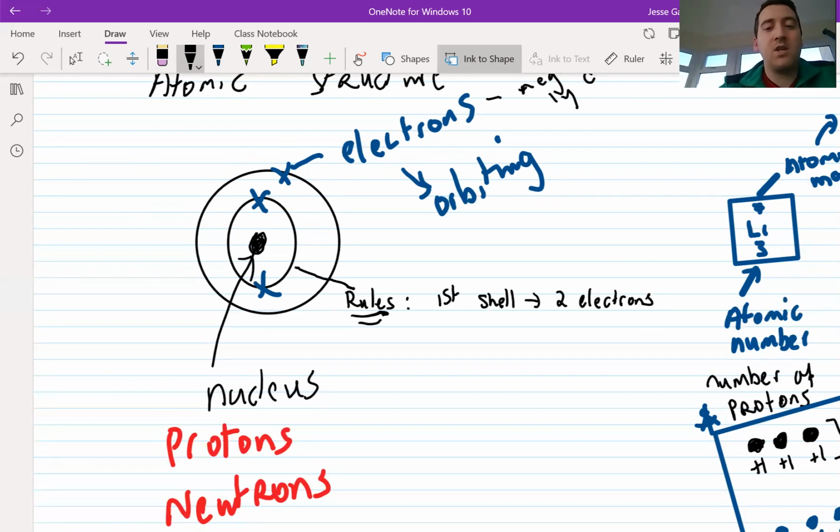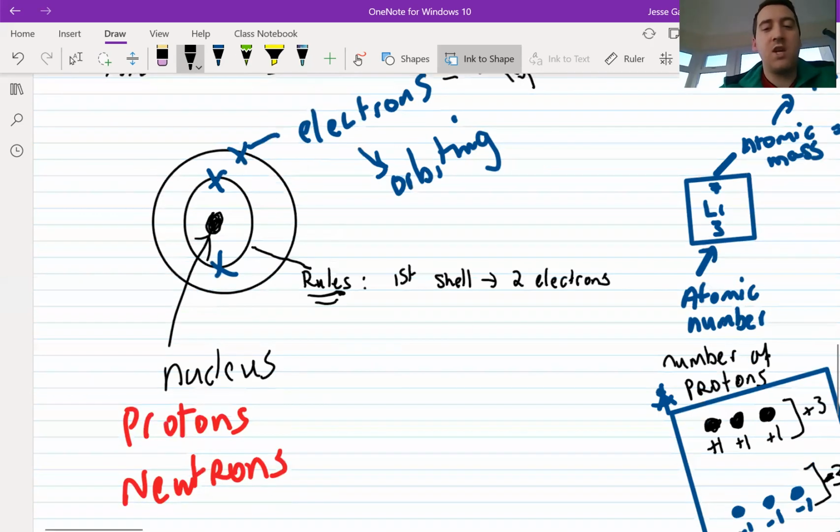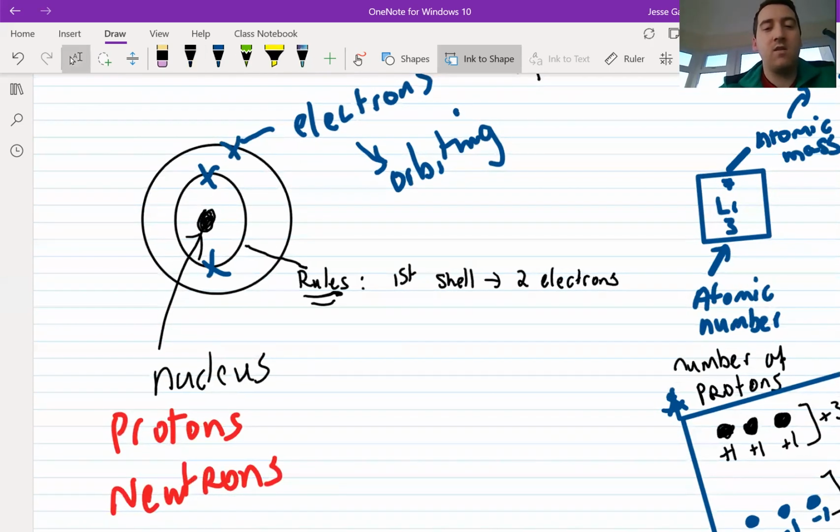Okay, and once that shell is filled, you must fill that shell before you're allowed to start in the second shell. So once you've put 2 electrons in the first shell, the second shell can hold 8 electrons, a maximum of 8 electrons.